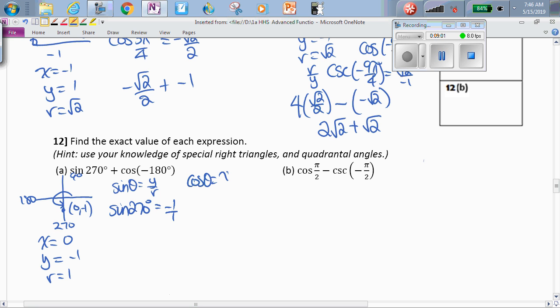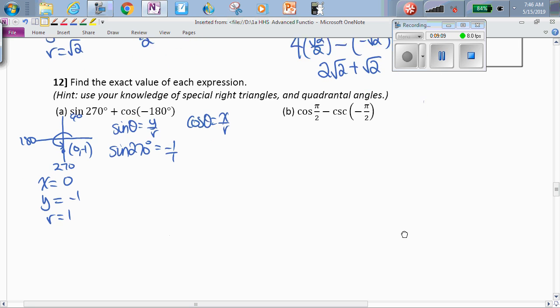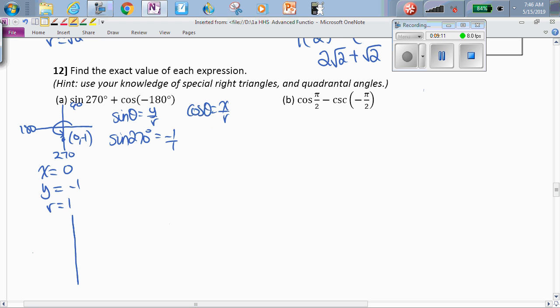Cosine theta is x over r. So cosine of negative 180. Actually, we're doing different angles here. I forgot. So let's do it this way. I'm coming around here, and I've got this coordinate point, which is negative 1, 0. So in this case, x is negative 1, y is 0, r is 1.